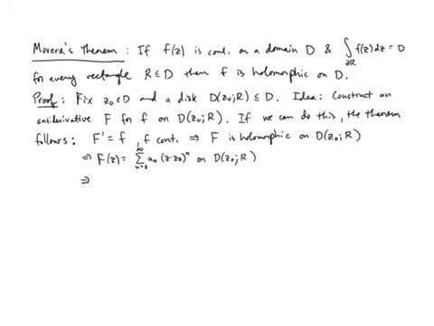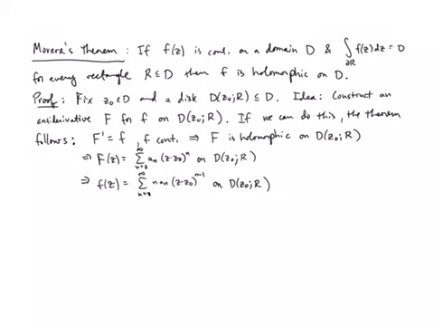And that implies that little f, being the derivative of big F, is the sum, n equals 1 to infinity, of n a_n (z minus z naught)^(n minus 1) on the disk D(z naught, r).